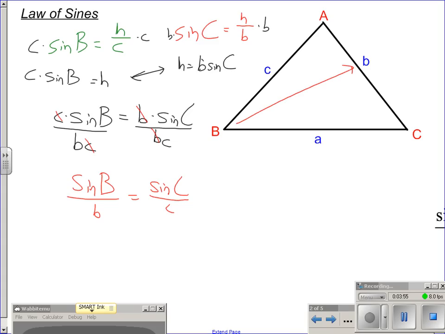Sine of angle C is being divided by its opposite side. And those fractions are equal to each other. This is the law of sines. This is where it's coming from.